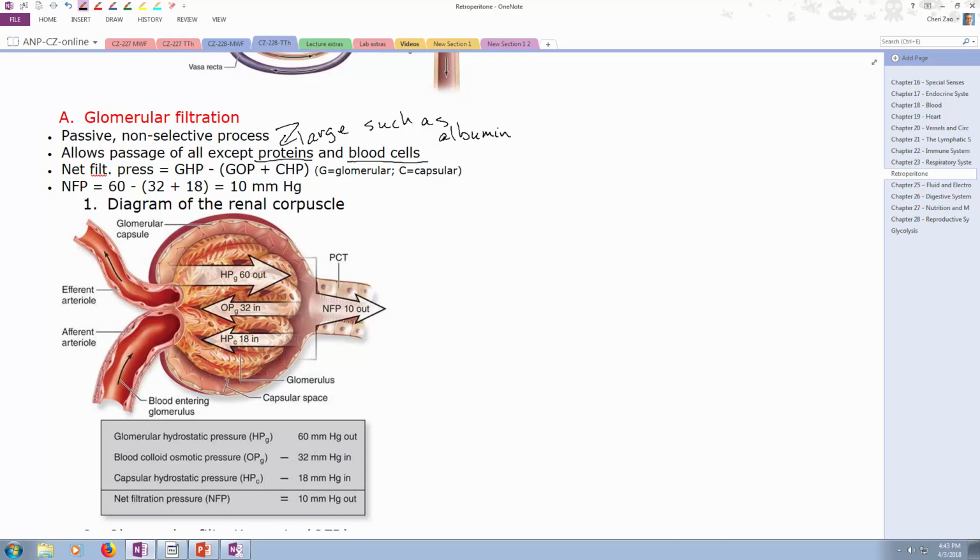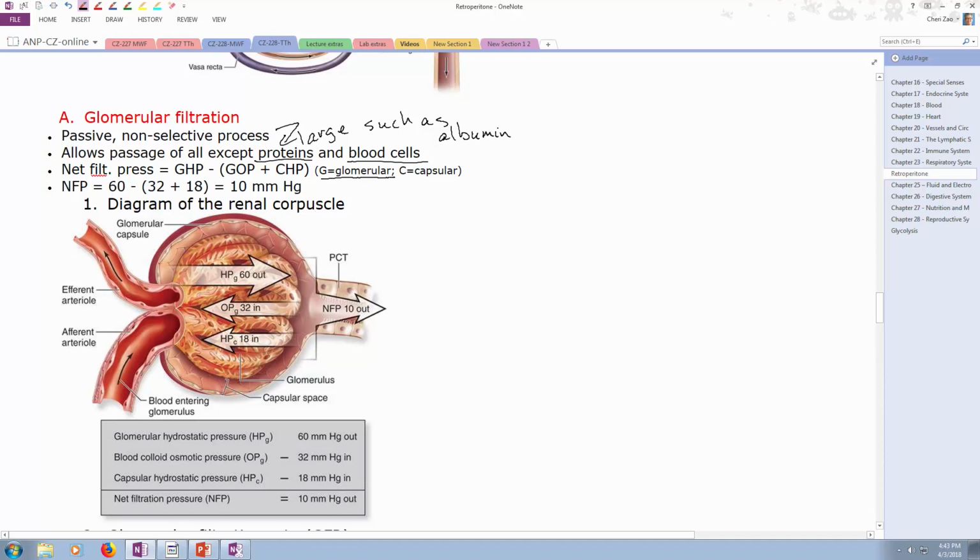Net filtration pressure, that's just a shorthand for filtration, is going to be this formula. And you need to memorize this because this is lovely material to put on any test. GHP, G stands for glomerular. HP is hydrostatic pressure.